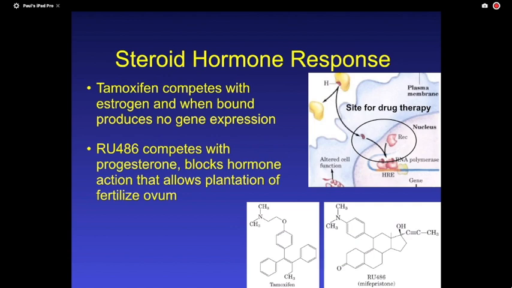Tamoxifen, wonderful drug, but there was a very large controversy when it started to be used. Before we found a synthetic pathway for tamoxifen, it was only found in the tree bark of an endangered species. And so, do we harvest the tree bark and kill the tree to extract the natural product as a drug and give it to someone to save their life, or do we protect the trees and not save their life?